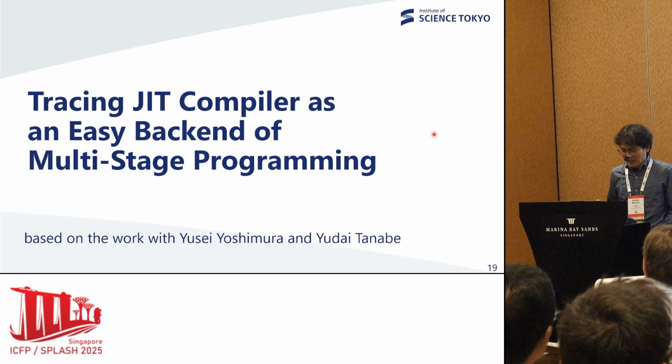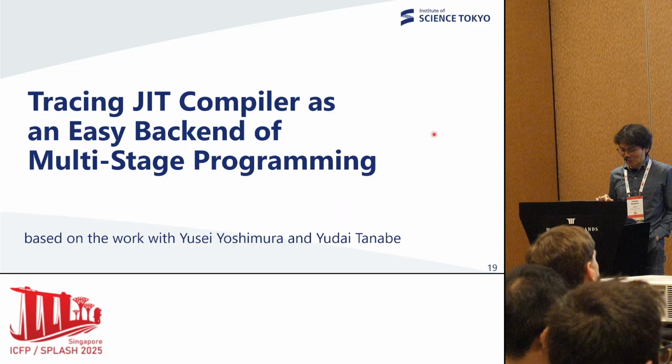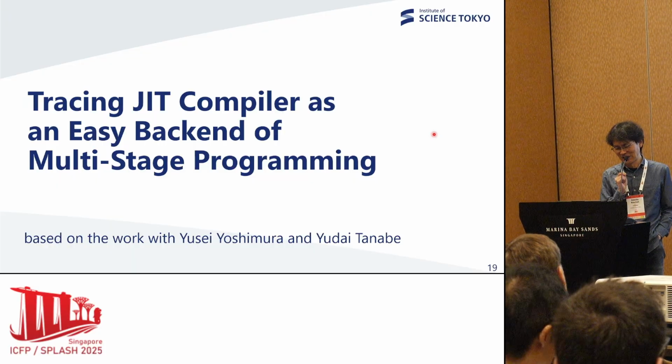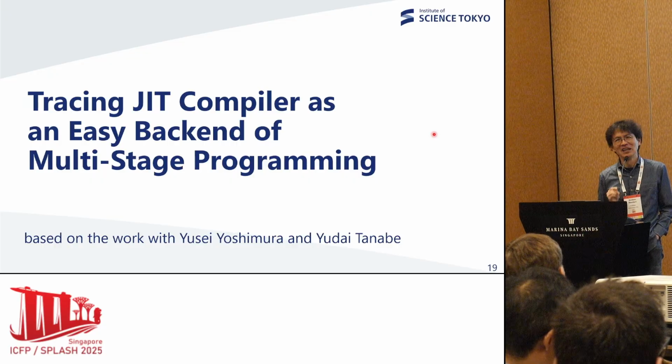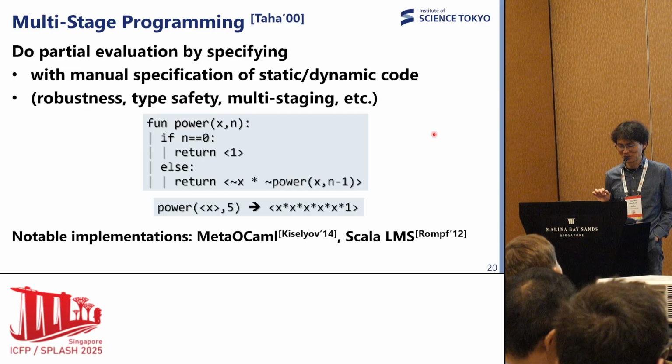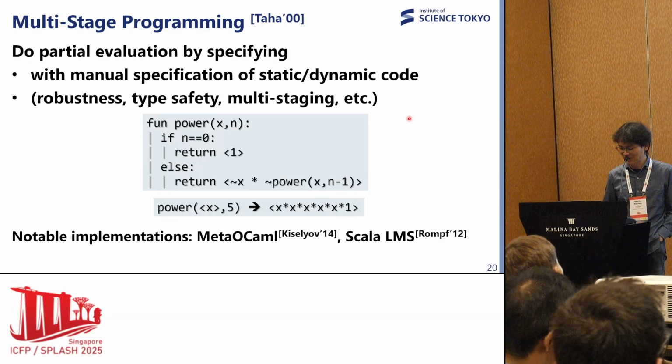And I only have 10 minutes. Okay, so the next part is going to be very quick. It's ongoing work, but another interesting use of a tracing JIT compiler is as an easy backend of multi-stage programming.